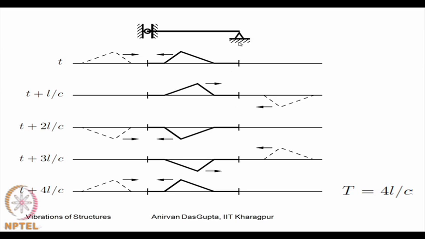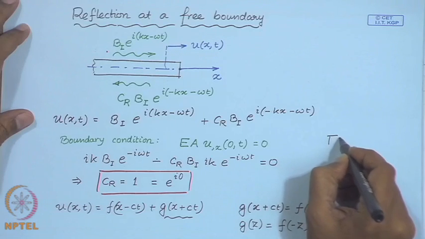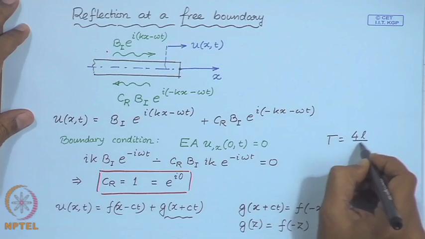Now, if you calculate the total time that it takes, in this case you have a time period of 4L over c.